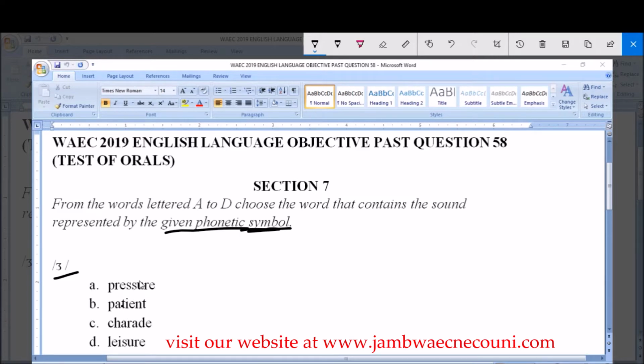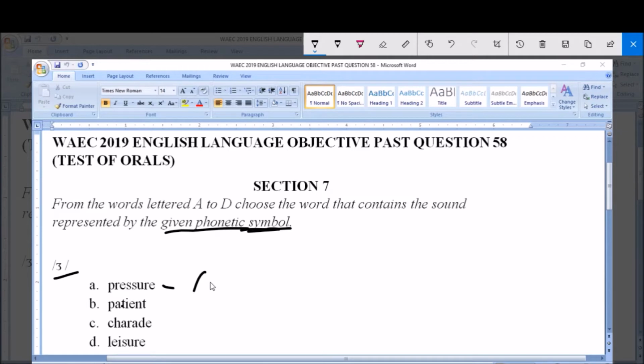So it would be a good idea to transcribe each of the options to see which one contains the phonetic symbol given to us. Option A, pressure, is transcribed this way: pressure. Option B, patient, is transcribed this way: patient.